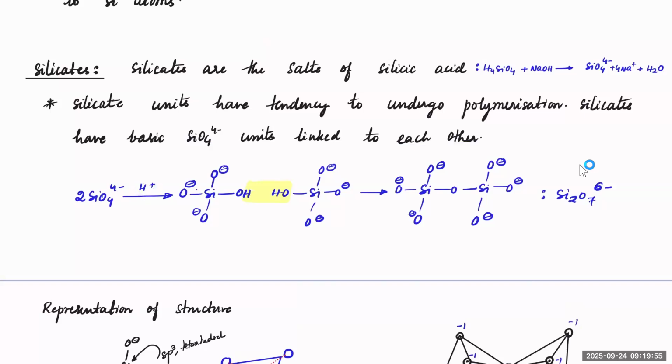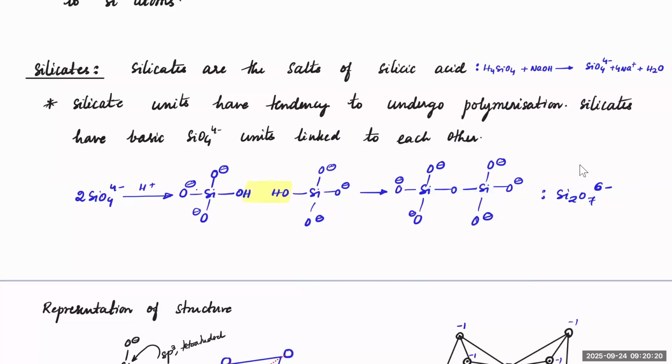When we treat it in the presence of acidic medium, first O minus will take one H plus, and another position in another molecule will take one OH. So you can remove water from here and make the connection. So Si-O-Si is the connection we get.